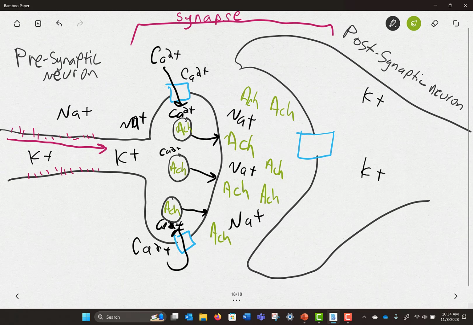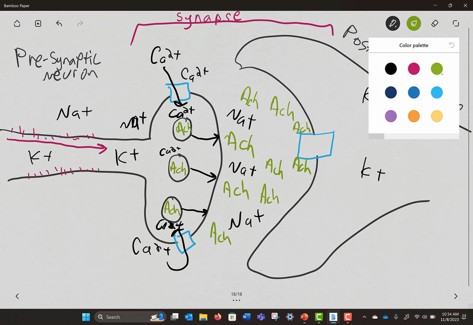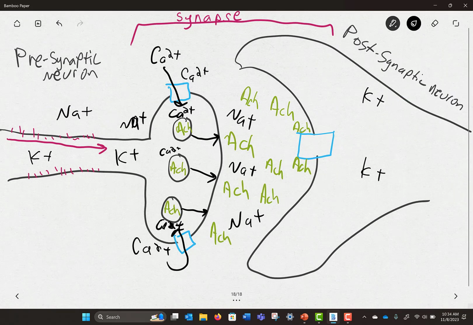What happens with the acetylcholine? Well, acetylcholine is the ligand that this specific ligand-gated sodium channel responds to. So acetylcholine binds to the ligand-gated channel. What happens when something binds to a ligand-gated channel? It opens.